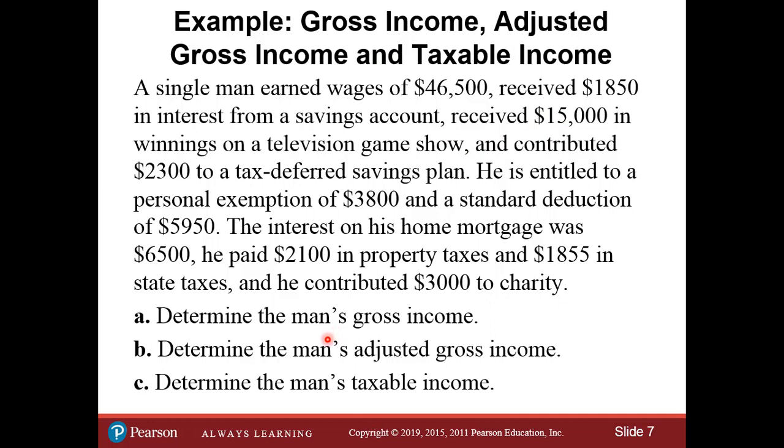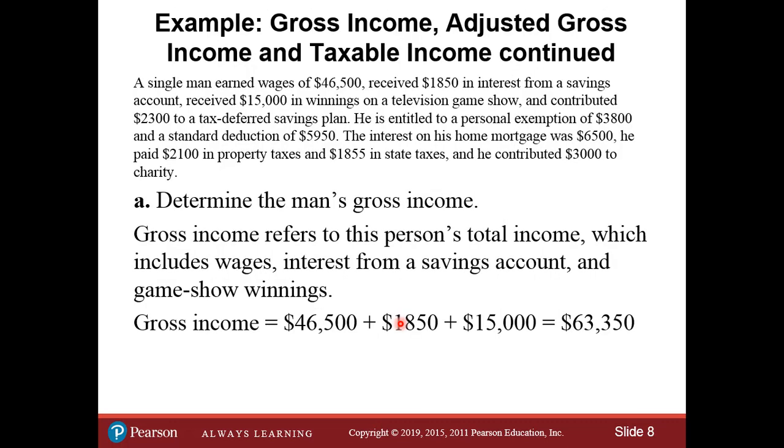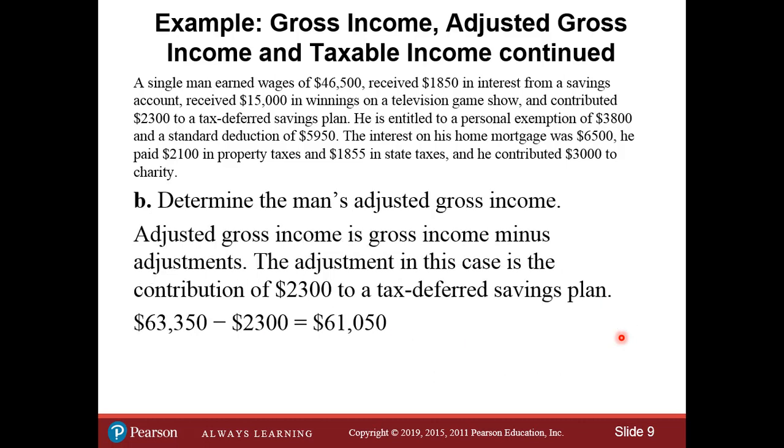Now, to adjust it, what are we going to subtract off? Here's his gross income, 63,350, so we added those three things. Now we're going to subtract off for his adjusted gross income. What do we subtract off?